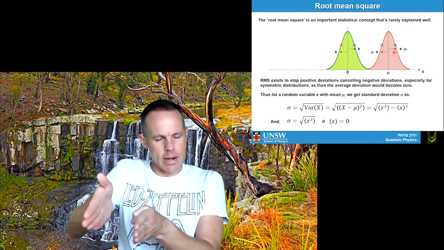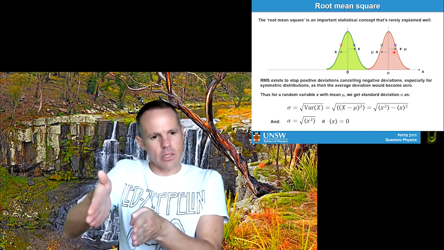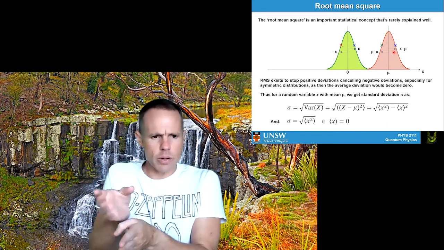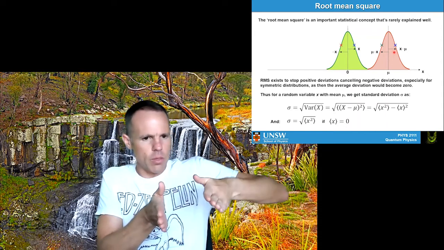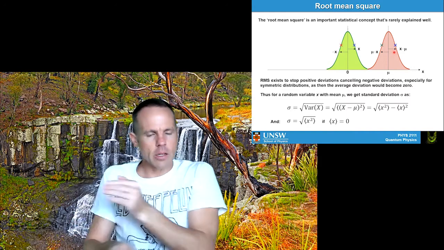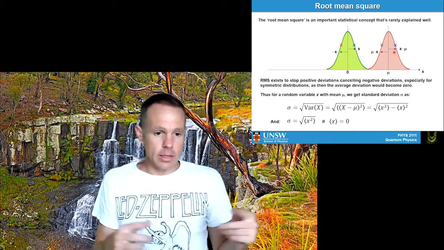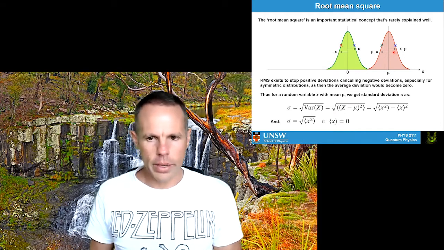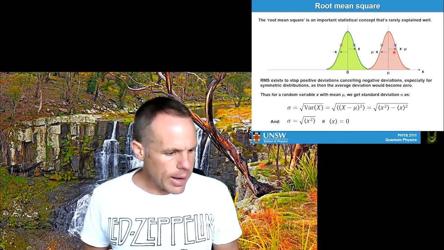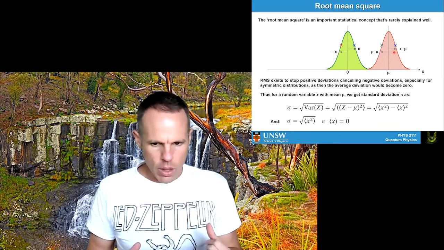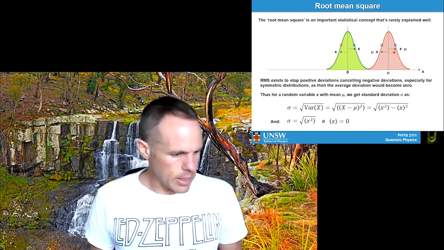You take the mean, and then you take the square root of that mean, and that will give you back another positive number, okay? So essentially we're taking every number that's on the other side of the distribution and transplanting it onto the positive side so that when we take that average, the sign doesn't cancel out the answer, okay? Really important concept all the way through physics, root mean square, and it's basically central to what we do with taking the standard deviation.